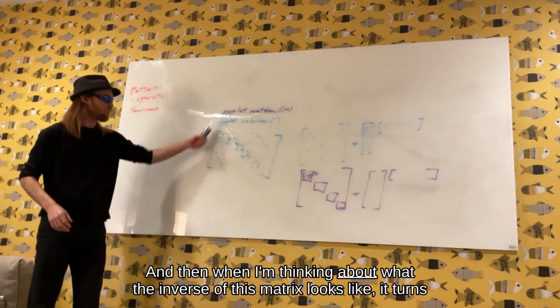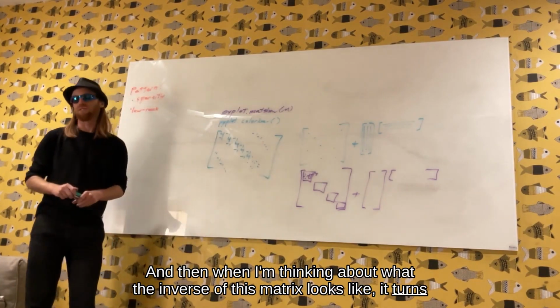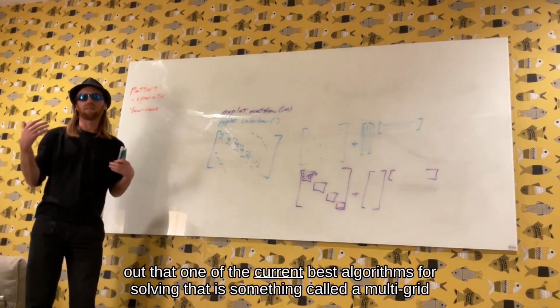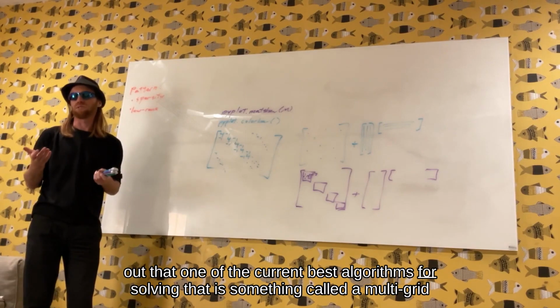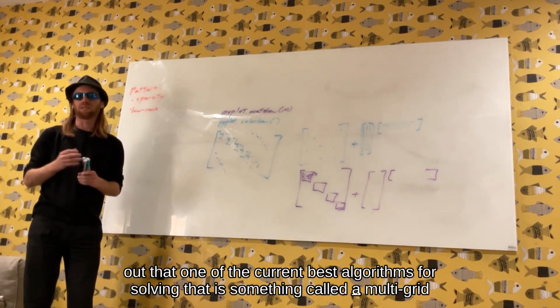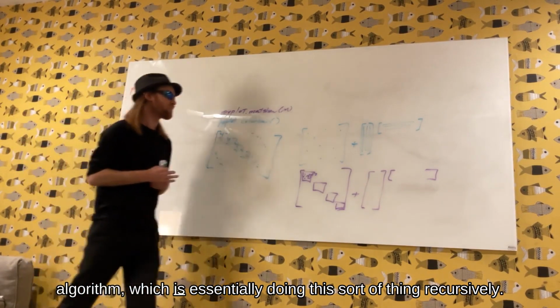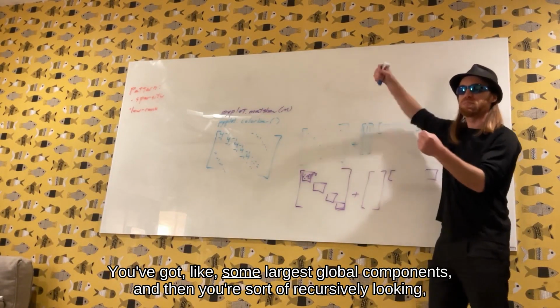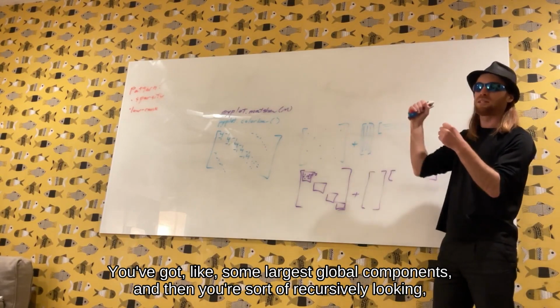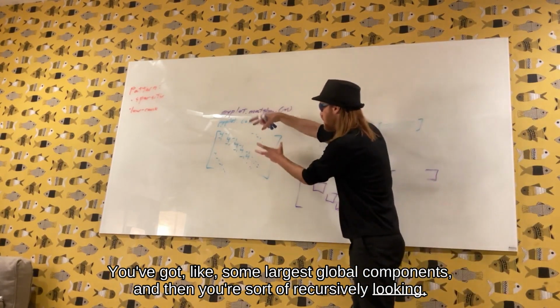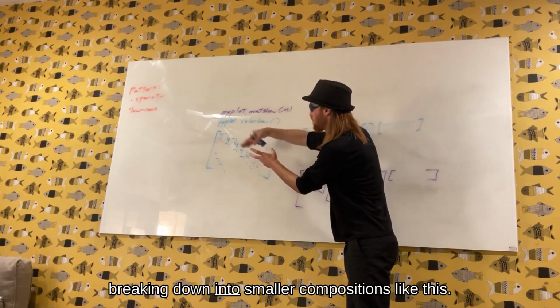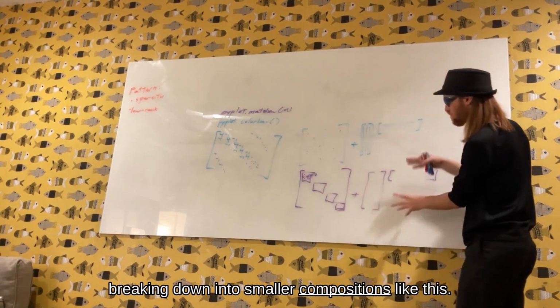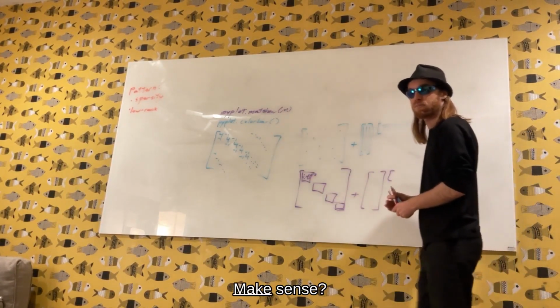When I'm thinking about what the inverse of this matrix looks like, one of the current best algorithms for solving that is something called a multi-grid algorithm, which is essentially doing this recursively. You've got some largest global components, and then you're recursively breaking down into smaller decompositions like this.